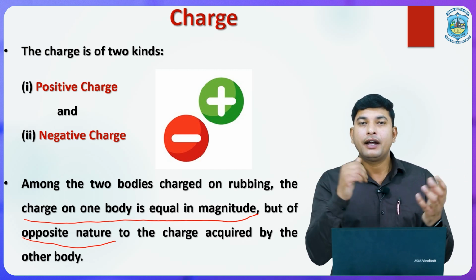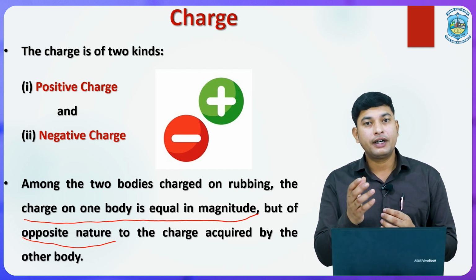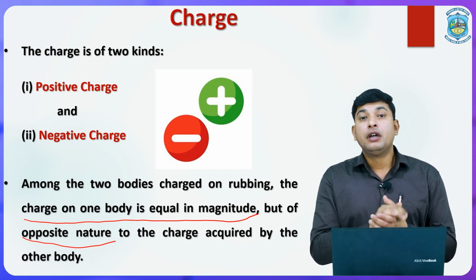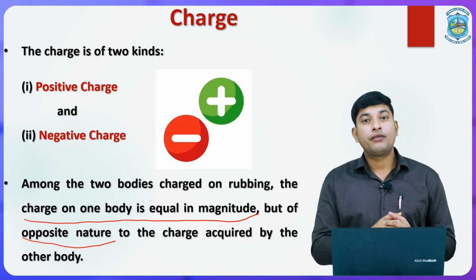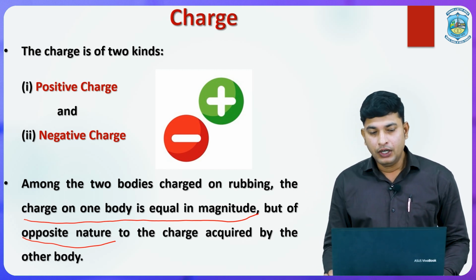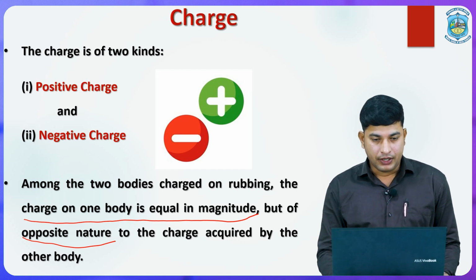This is how the material gets charged. Another example we discussed was ebonite and fur, and multiple examples. So this is how any substance can get a positive as well as a negative charge.